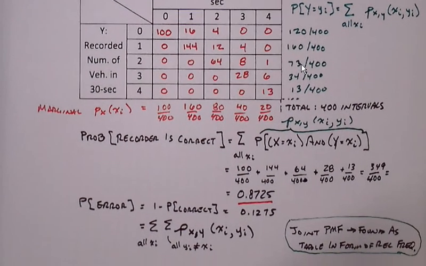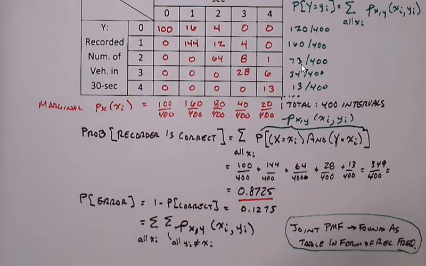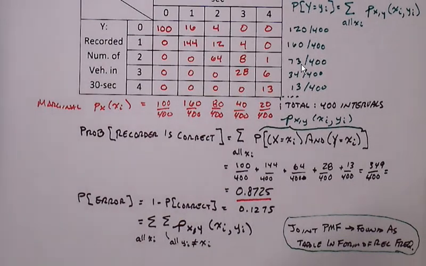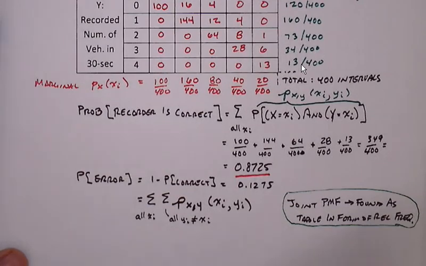Before we go on to talk about another small topic here, I want to first talk about the conditional distribution. If, for instance, we were curious about what's the probability that x was equal to 2, yet our instrument recorded only 1, that's a very specific instance of an error.